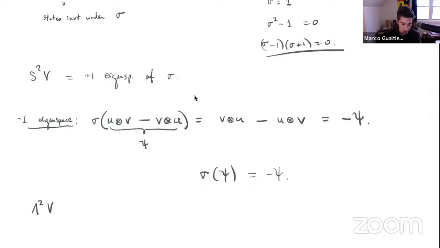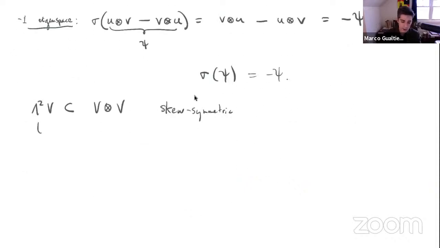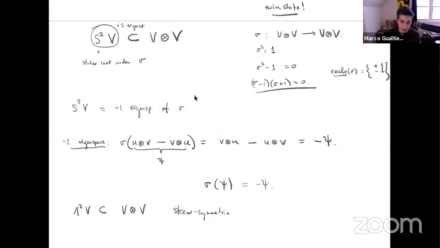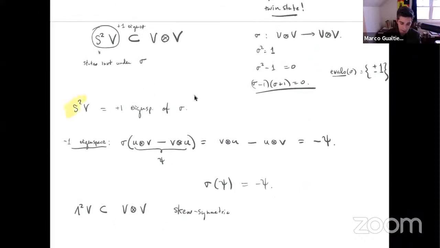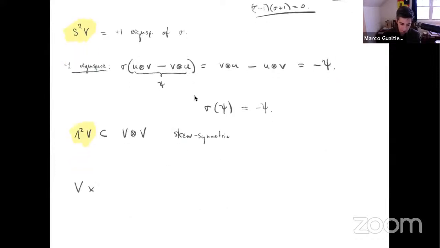Wedge 2V is also a subspace of V tensor V, consisting of skew symmetric tensors, the minus 1 eigenspace. It's an obvious fact that V tensor V breaks up exactly as a sum of these two subspaces.